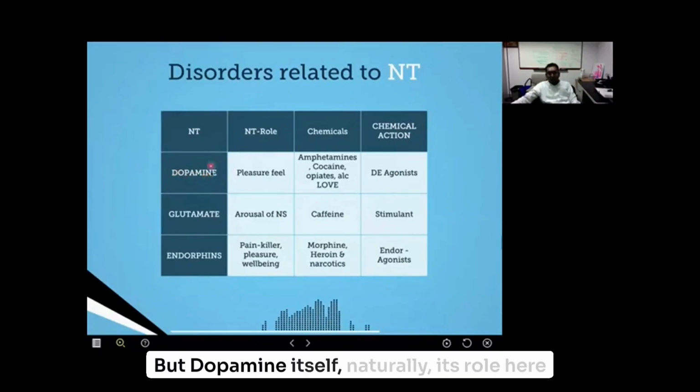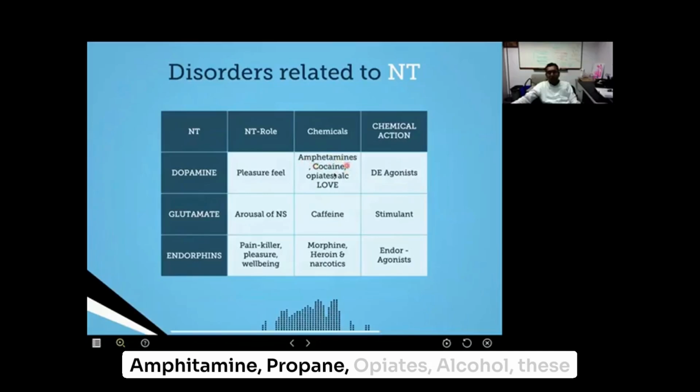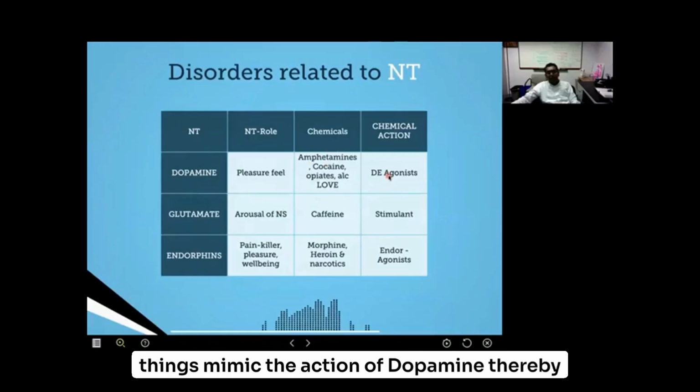But dopamine itself naturally has several roles, including giving a feeling of pleasure. Chemical equivalents that act as dopamine agonists include amphetamine, cocaine, opiates, and alcohol. All these things mimic the action of dopamine, thereby acting as agonists.